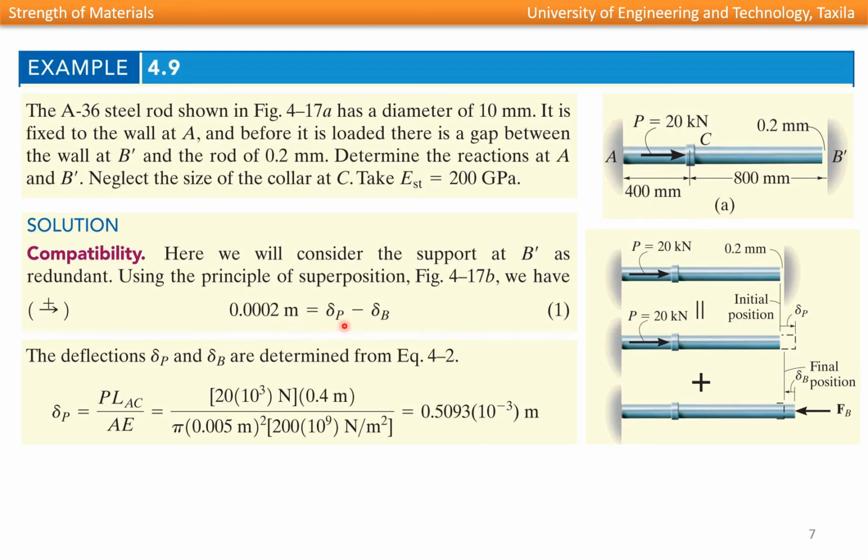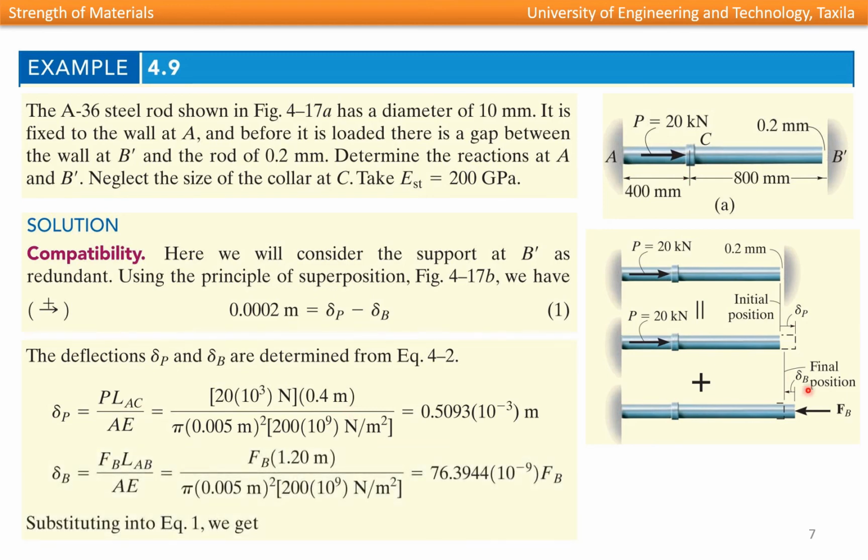So we can write the expression for delta P and delta B. For delta P, it is equal to P L_AC over AE, because this force is acting at point C. Only this segment is in tension, so we will use the length of segment AC, which is 400 millimeter or 0.4 meter. This displacement delta B is equal to FB into L_AB over AE, because this force is acting at this end and it is trying to contract the whole length of this rod, so the total length of the rod will be used.